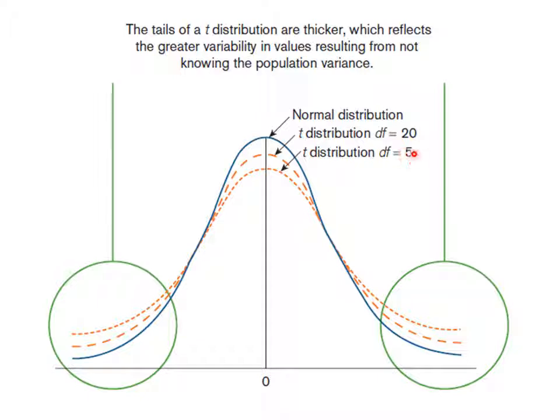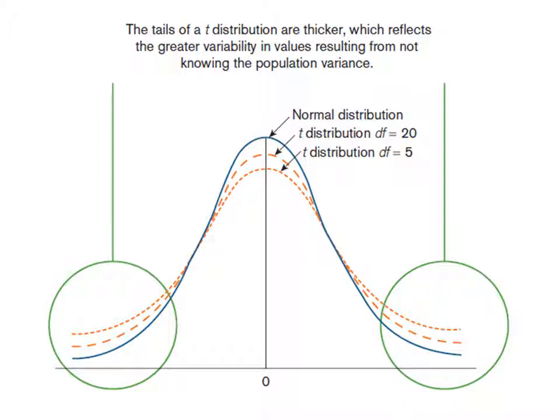The smaller the degrees of freedom, the flatter the shape of the distribution, resulting in bigger areas in the tails of the distribution. As the degrees of freedom increase, the t-distribution approaches the standard normal distribution. And a standard normal distribution is just a special case of a t-distribution.